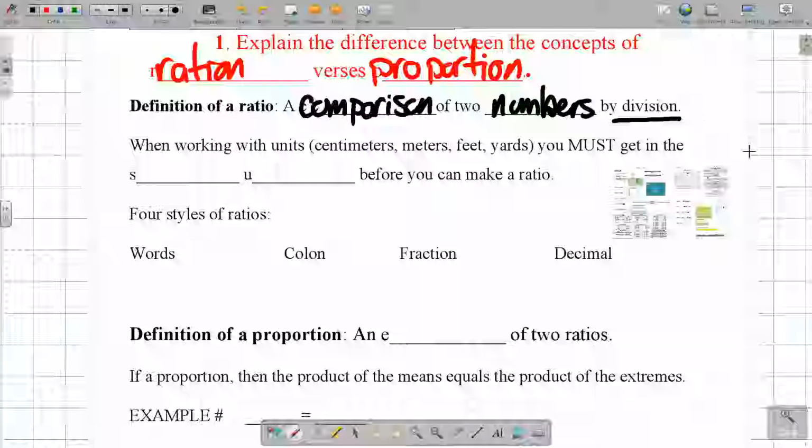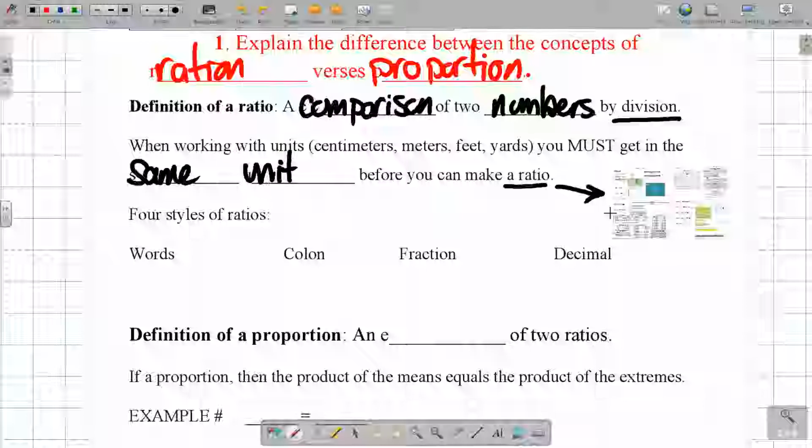So a ratio is a comparison of 2 numbers by division. By division. When you're working with units, you must get in the same unit before you make a ratio.